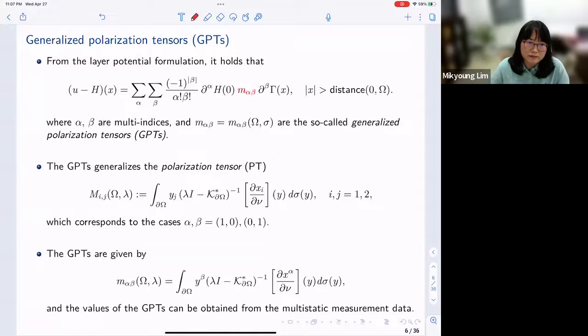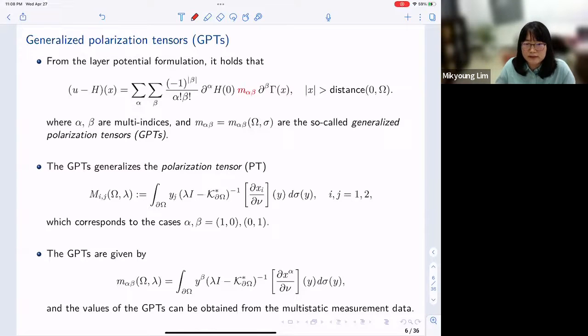Then from the layer potential formulation, just using the Taylor series expansion, u minus H has this multipole expansion, where you have a summation with basis functions given by derivatives of the fundamental solution, and alpha and beta multi-indices.